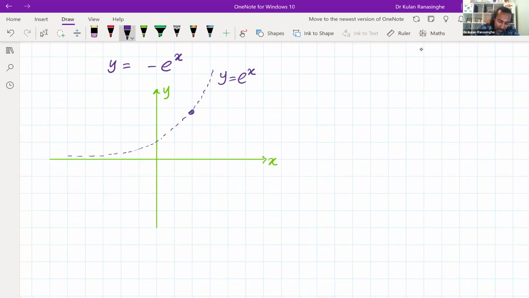You get the exact height below the x-axis, which means your graph now becomes like that. Basically reflection through the x-axis. So let's copy this one.